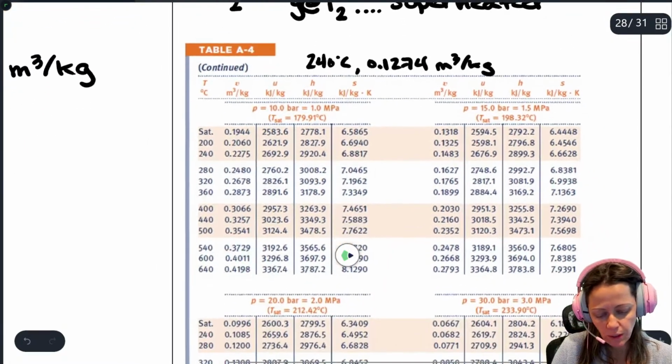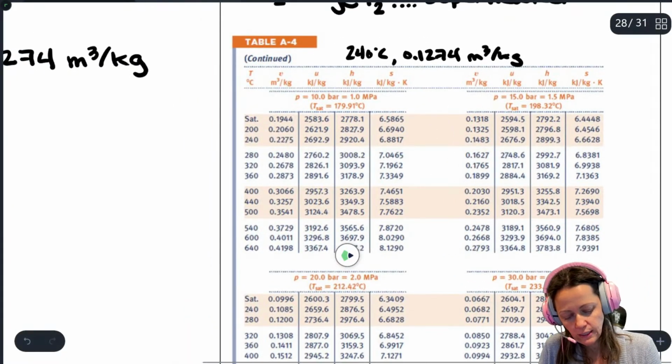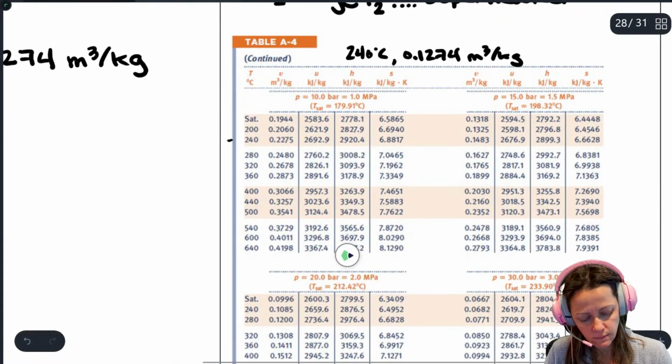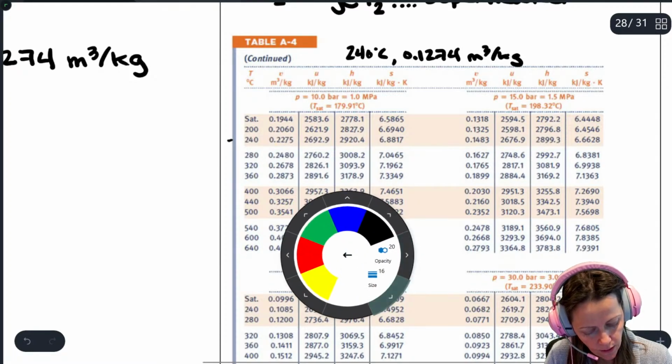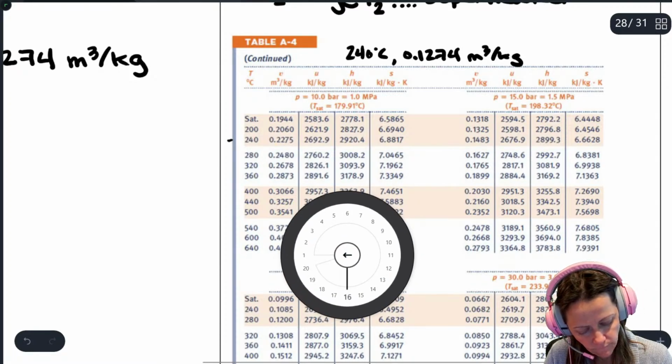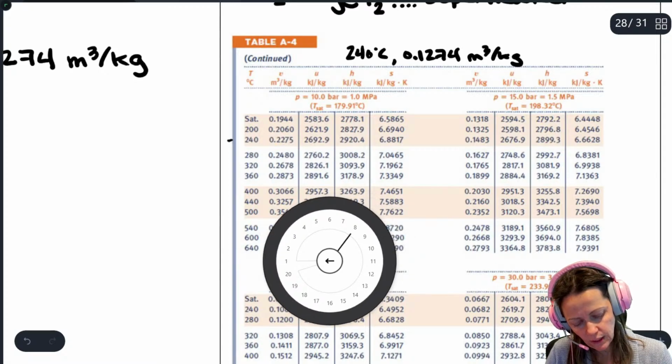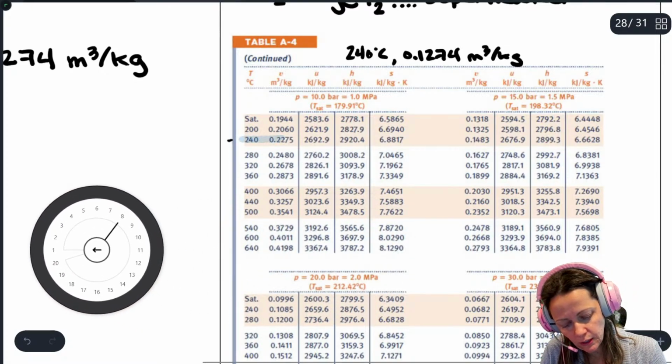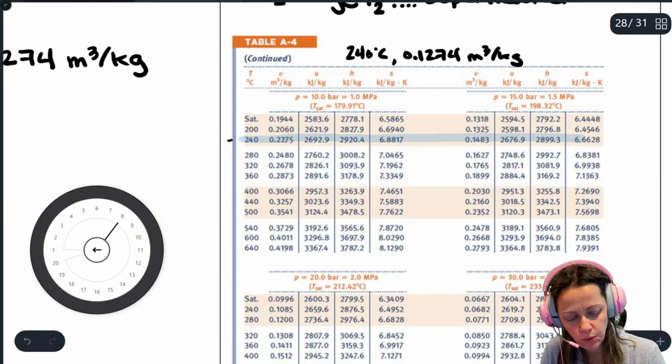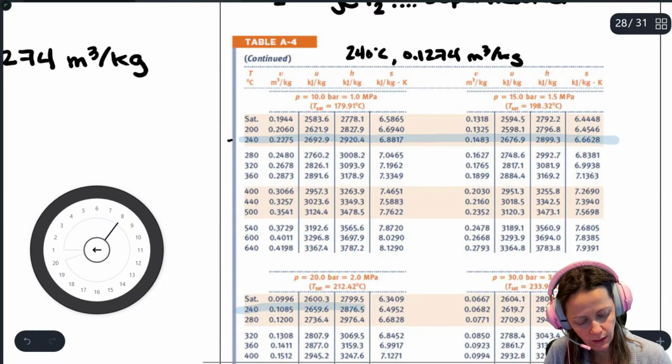So I'm going to be looking along those lines corresponding to 240 degrees.